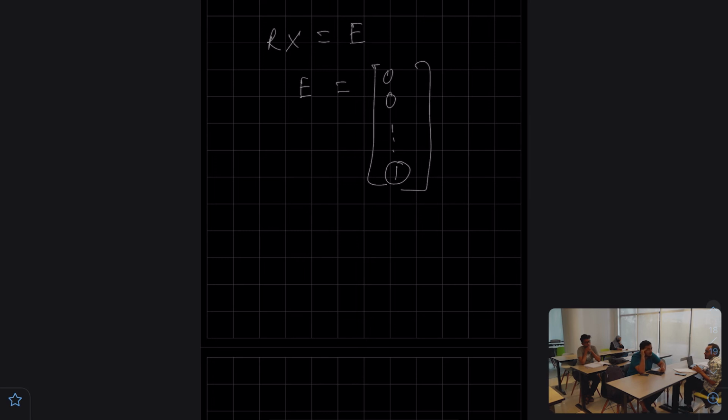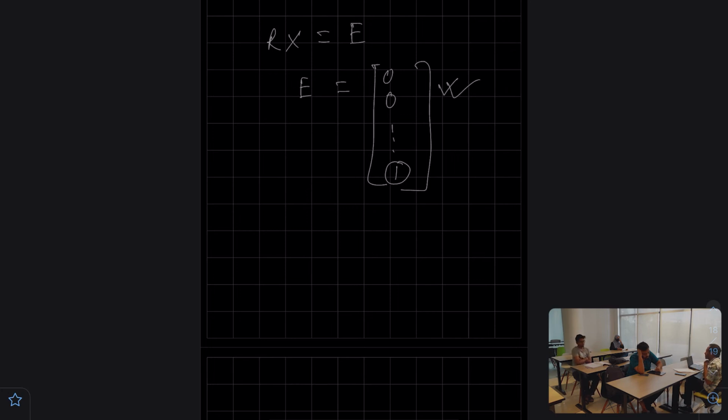So if the last row of R is 0, then the multiplication Rx will give you 0. But that is not equal to 1. But I construct the R in such a way that the multiplication of R with X gives me this E.